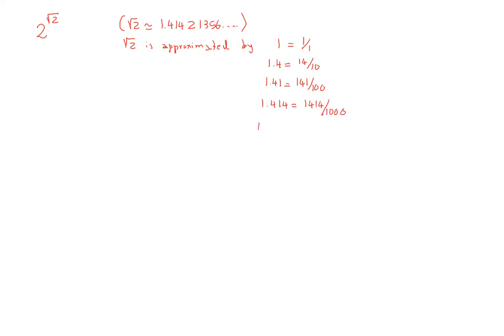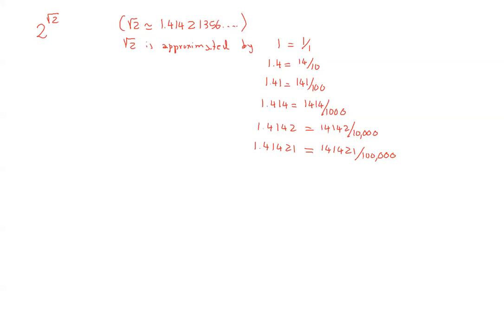Then you have 1.4142, which is 14142 over 10,000. Let's write one more, 1.41421, which would be 141421 over 100,000. The point is that all these numbers that I wrote here, the approximations that is, are rational numbers, they're fractions.